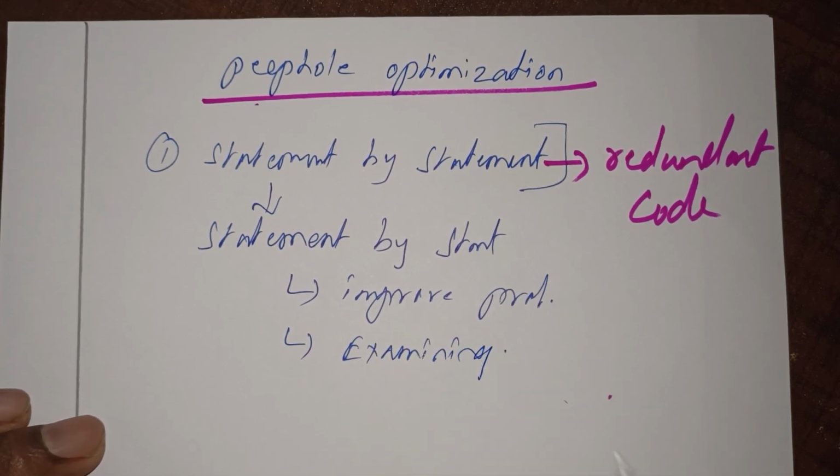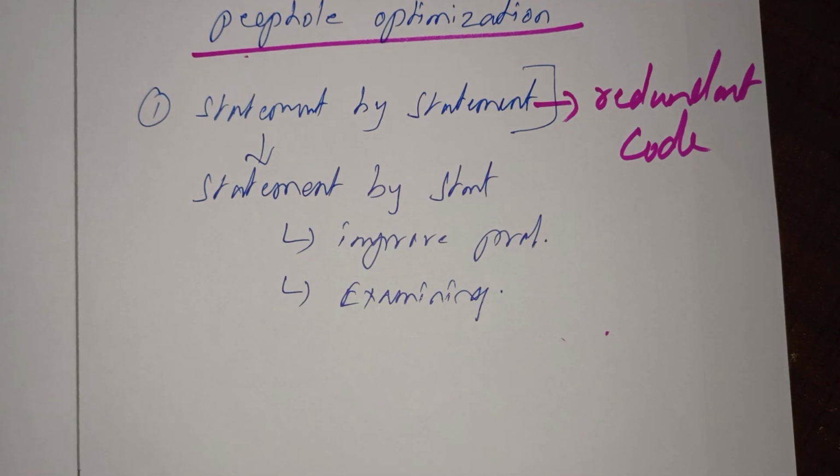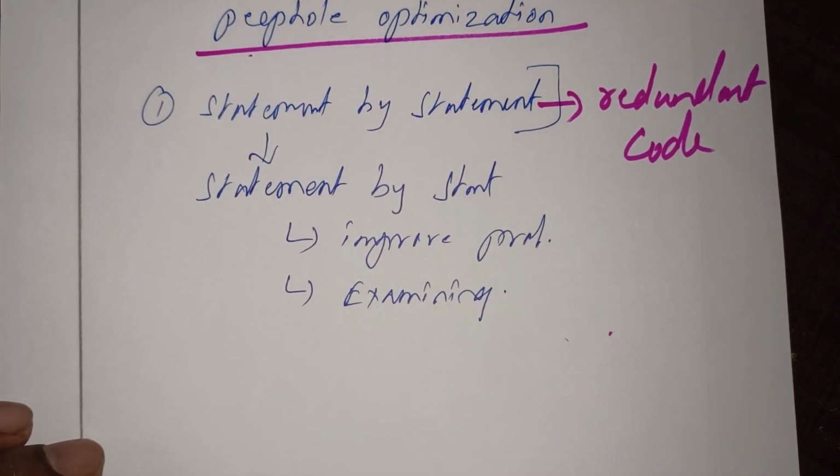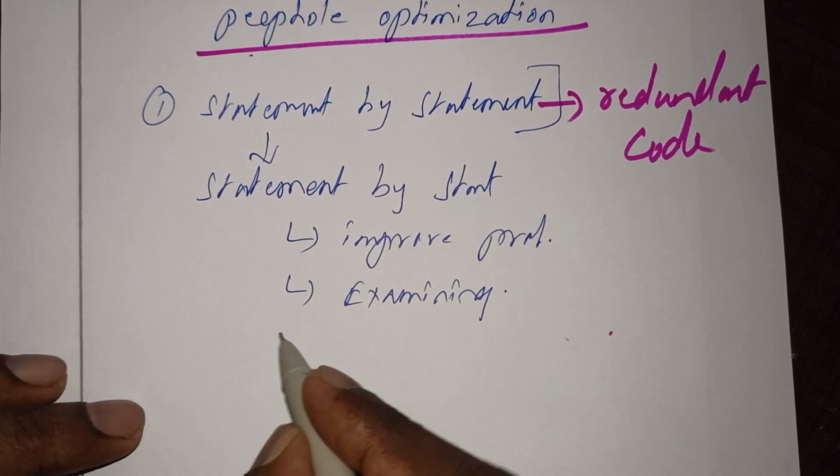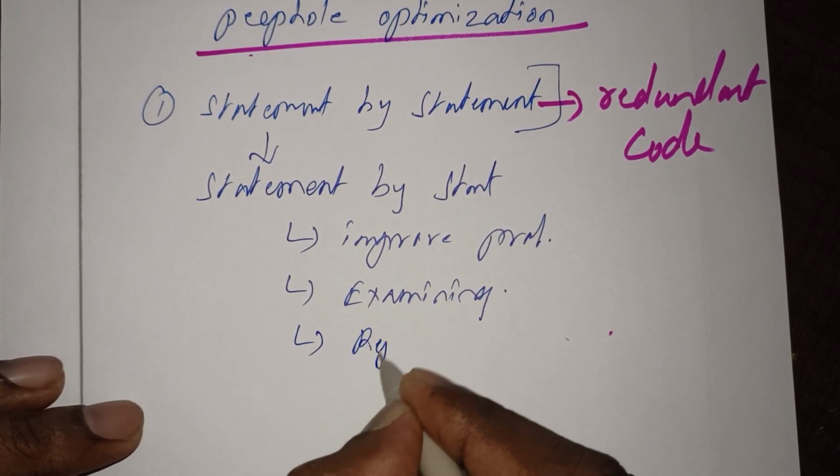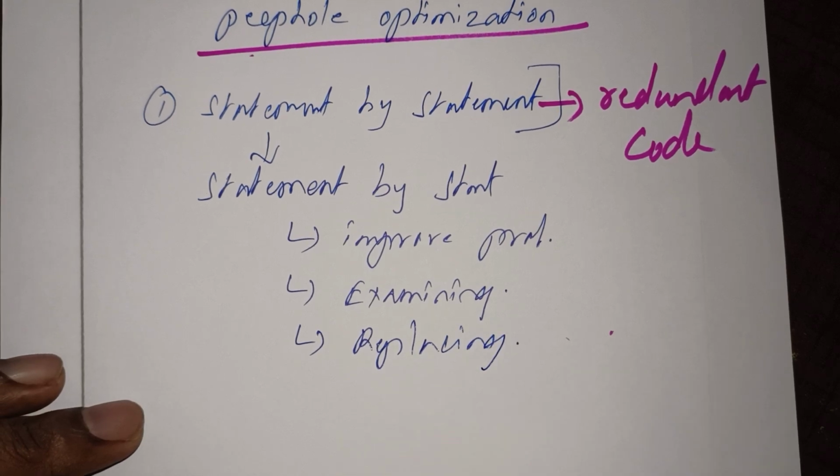The third main approach is replacing the instruction with a shorter or faster sequence. So replacing is also adopted here.